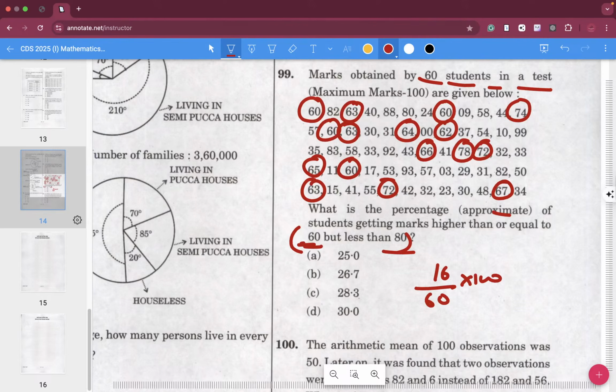Then they are asking what is the percentage. 80 by 3, or otherwise 26 times 6, so this is approximately 26.66% over here, folks. B it will be.